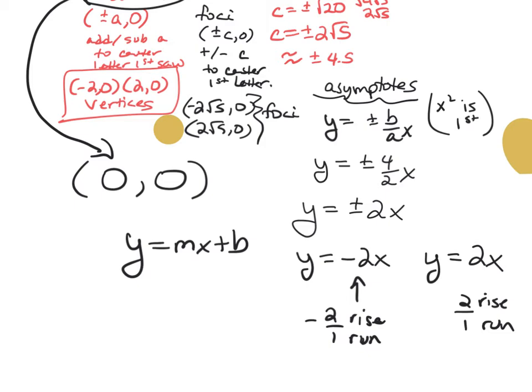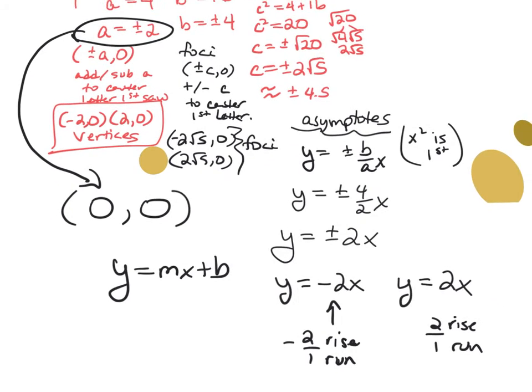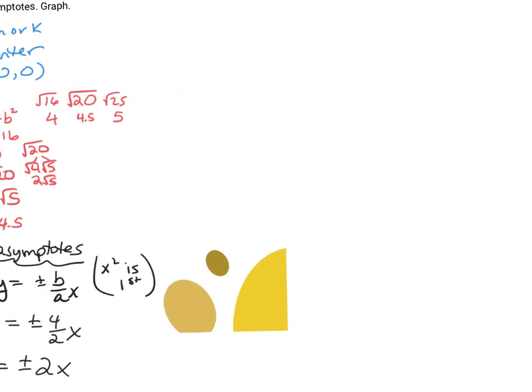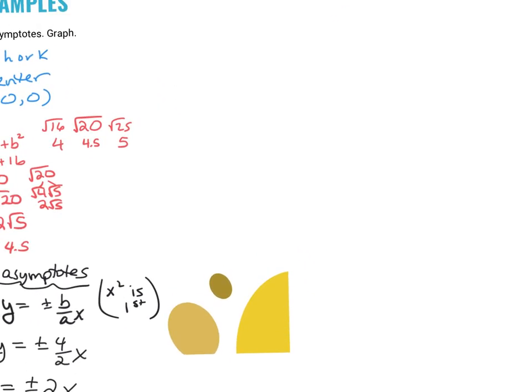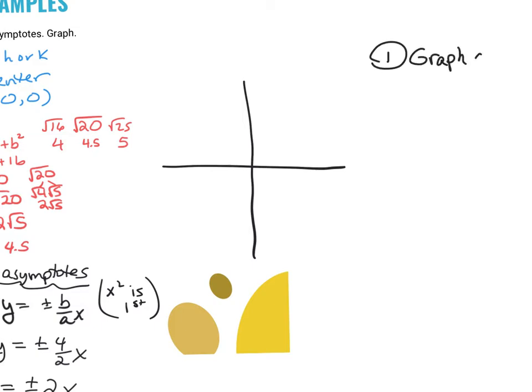Everybody good? All right, let me come over here. Here are the steps I'm going to follow for graphing. Number 1, graph the center. In this one, my center is at 0, 0.